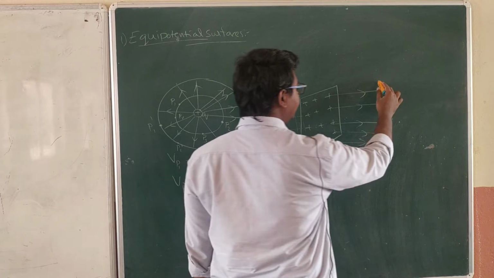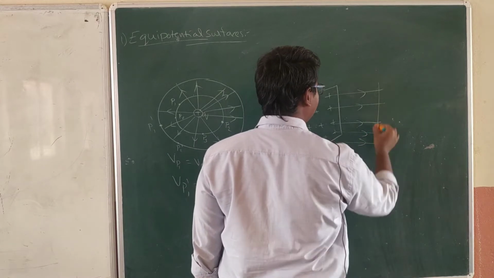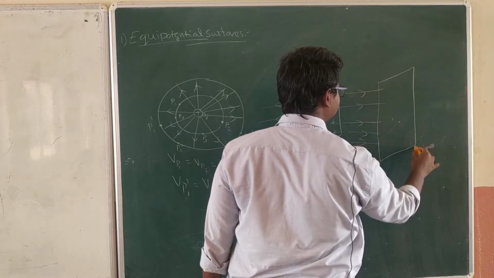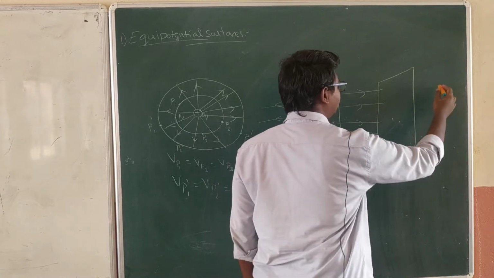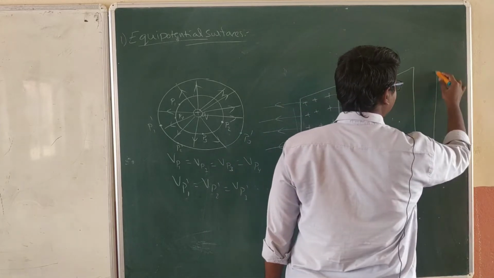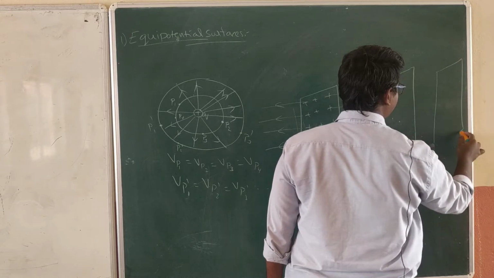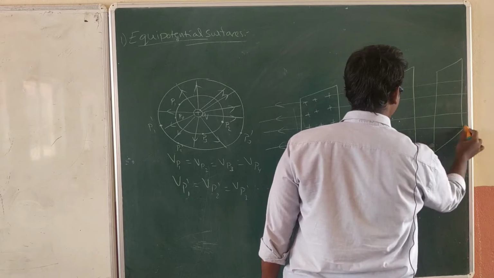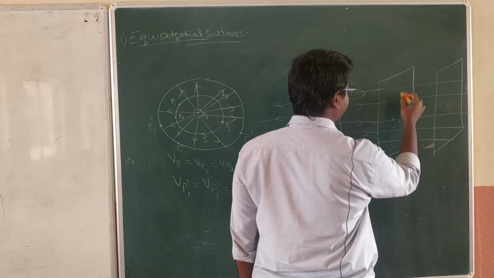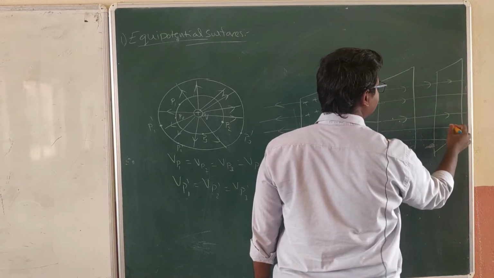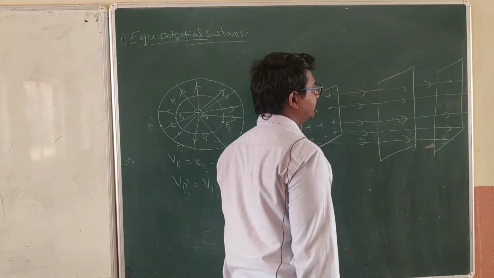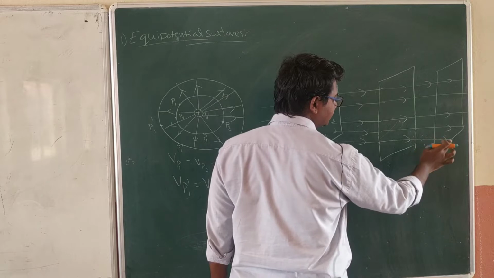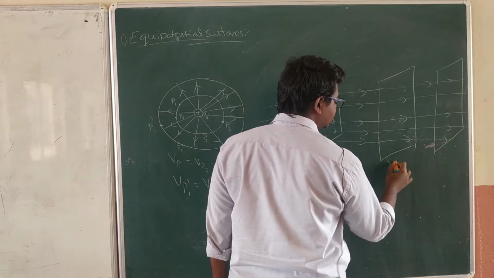If you consider here another two planes in this form, these two are nothing but equipotential surfaces. This is one equipotential surface and this is another equipotential surface.